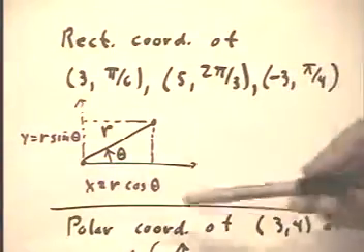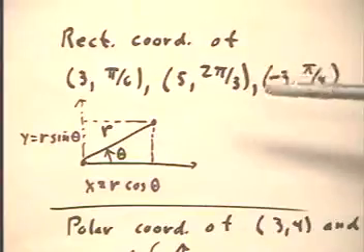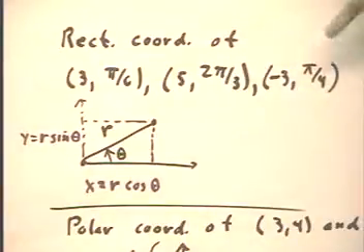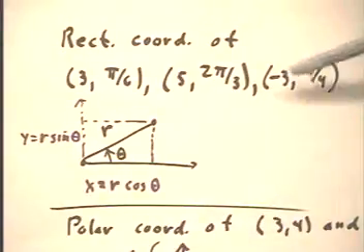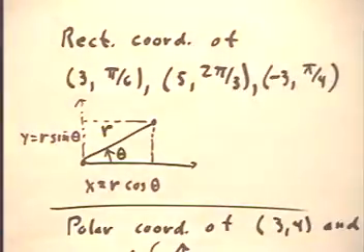We put a negative 3 in for r, and that takes care of the fact that the displacement is in the opposite direction to the pi over 4 direction, and we get the accurate coordinates. This point is clearly in the third quadrant, as we've seen, and you'll get negative values for x and y if you just plug in to these relationships here.